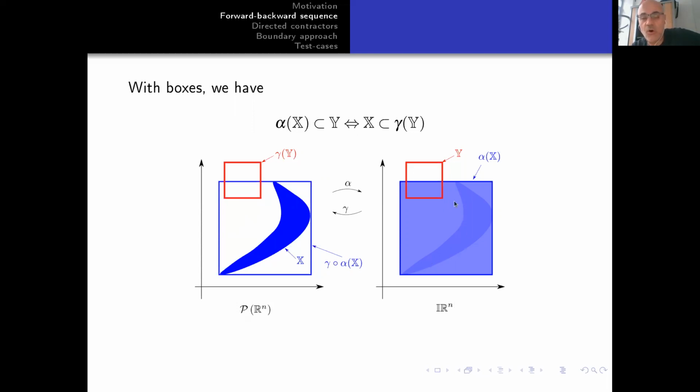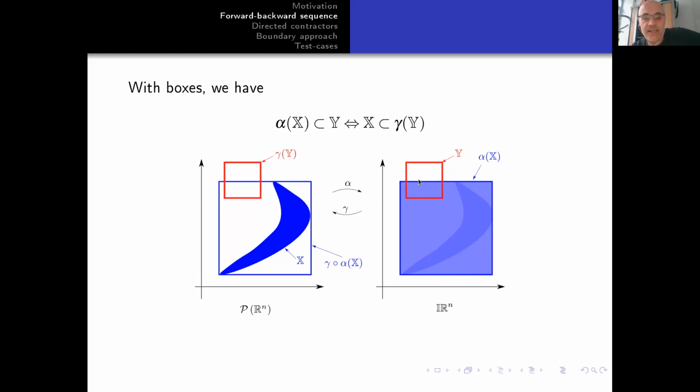On the right you only have boxes, and on the left you have sets of Rn. So let me take X. In the abstract set, the set of boxes, it will correspond to a box. I also represented the initial set X here, but normally I should not. So alpha of X is a box.